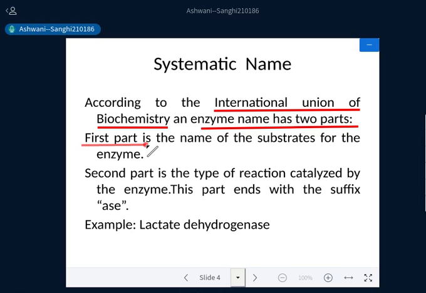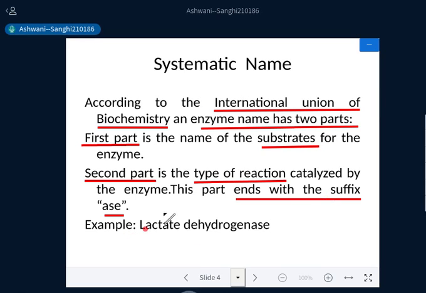The first part is the name of the substrate for the enzyme. The second part is the type of reaction catalyzed by the enzyme, and this second part ends with the suffix -ase.